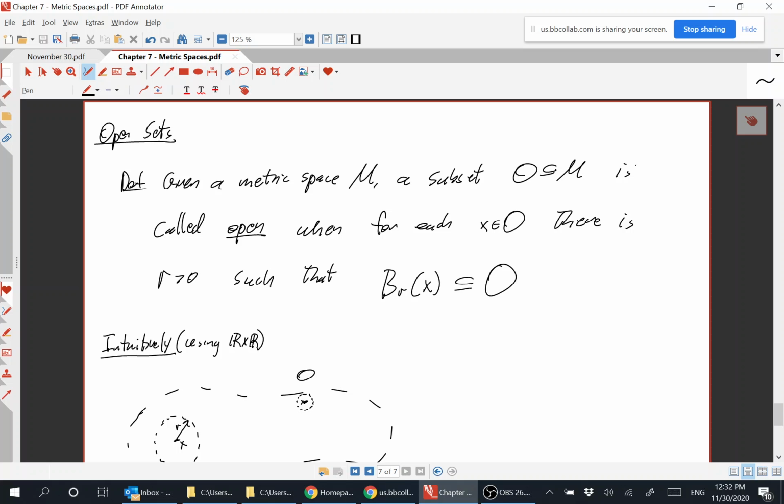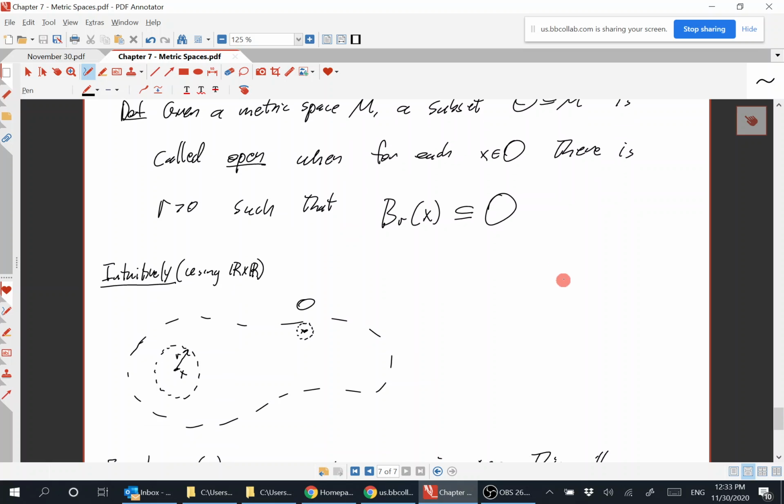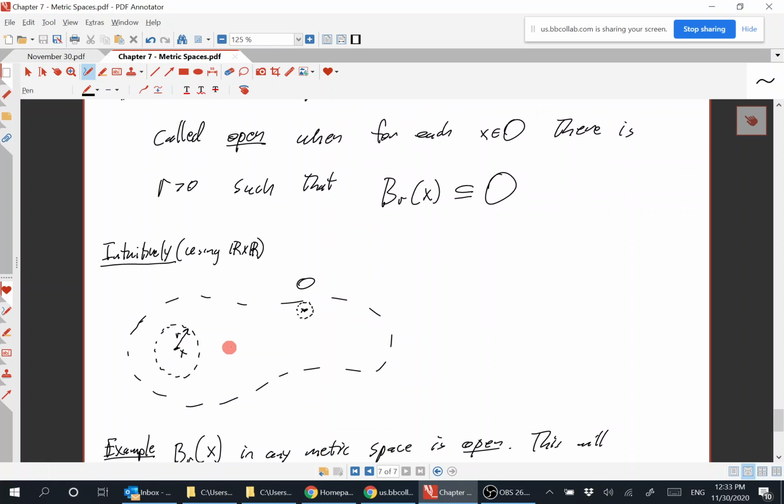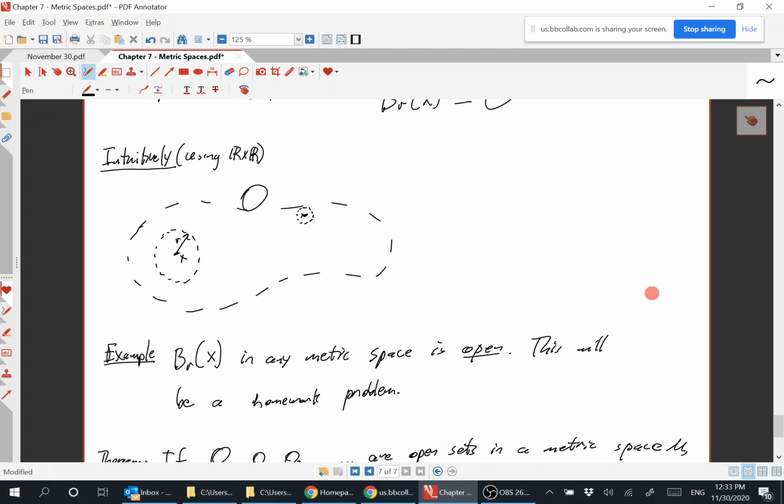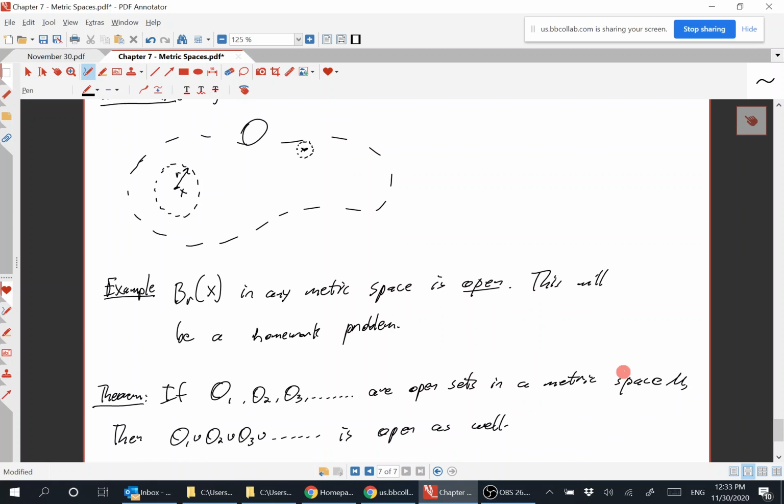Given a metric space M, a subset O is called open when for every X in O, there is an open ball around X that lives inside O. So, no matter where this element X is in this set O, you can always find an open ball around X, and it stays inside O. Very important concept.